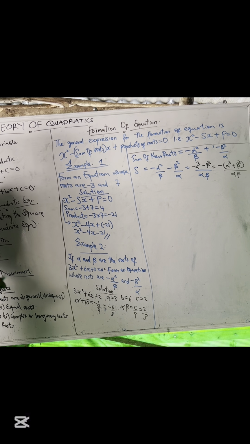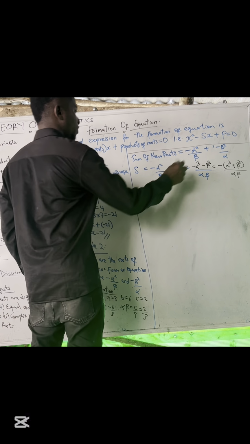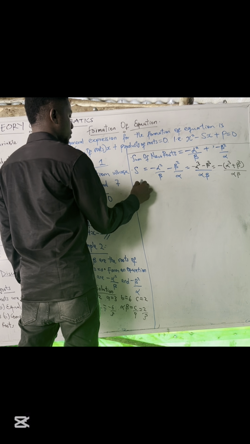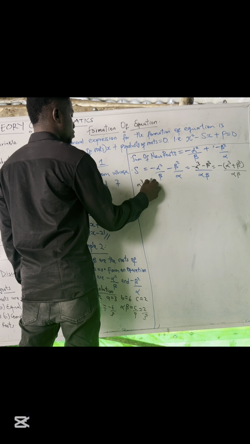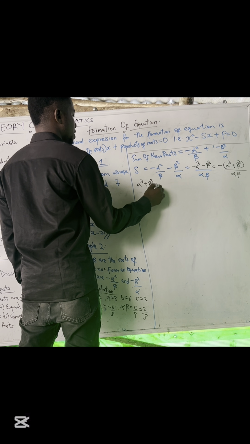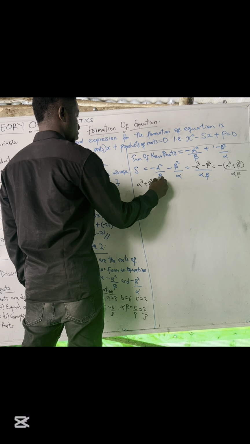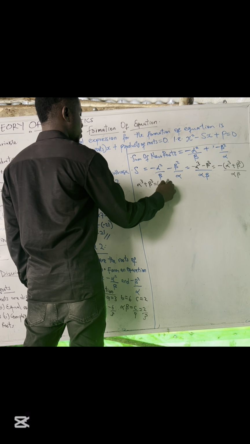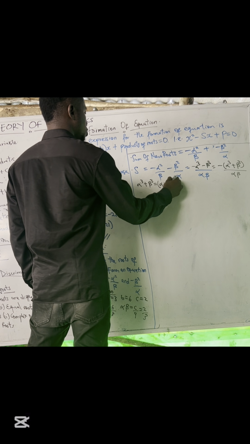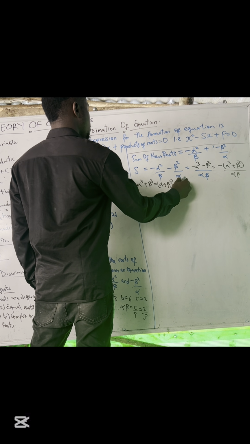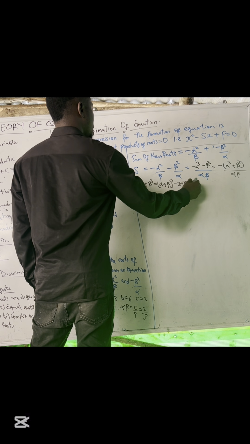So therefore, guys, I'm going to get my alpha cube plus beta cube. That would be alpha plus beta all cube minus 3 alpha beta times alpha plus beta.